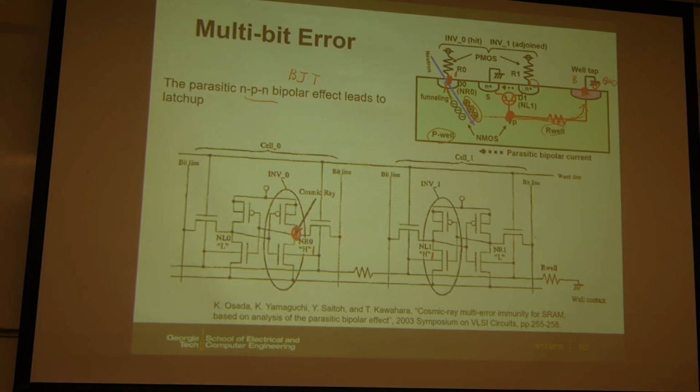If the BJT is turned on, then we are going to discharge this node. This one will be discharged through this BJT. So not only does this one become 1 to 0, this cell also becomes 1 to 0, and this may happen for quite a few cells. This is the so-called latch-up effect as well.